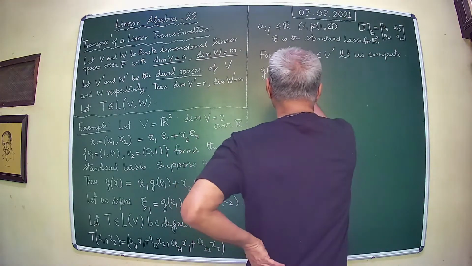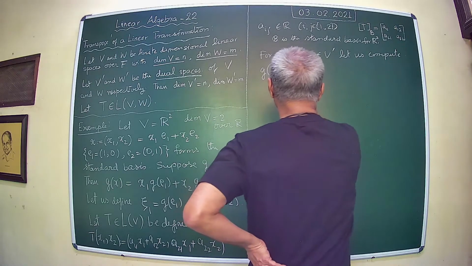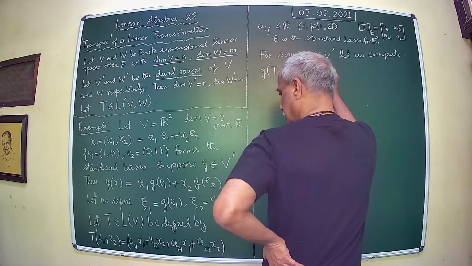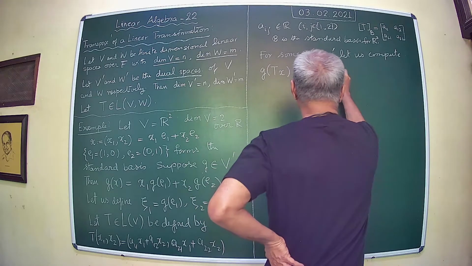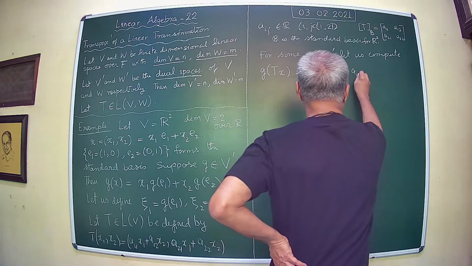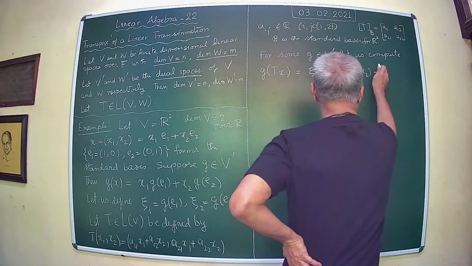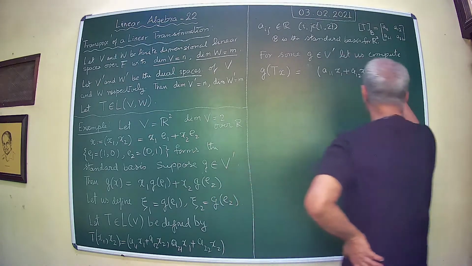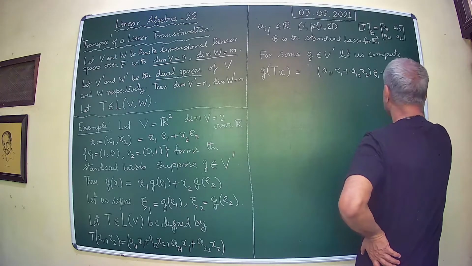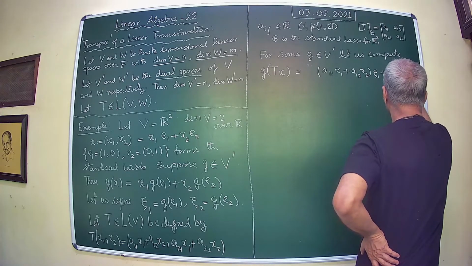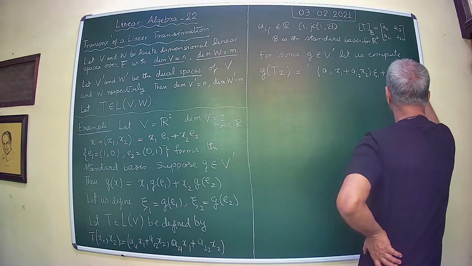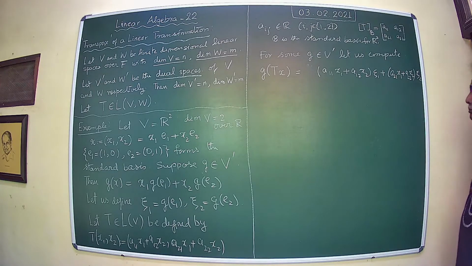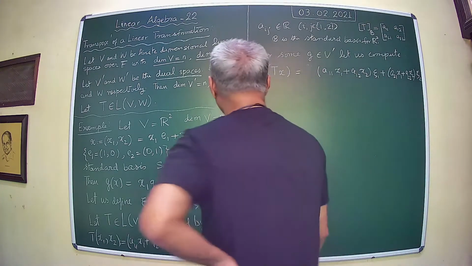So G of Tx is then equal to psi 1 into the first component plus psi 2 into the second component. That is G of Tx.